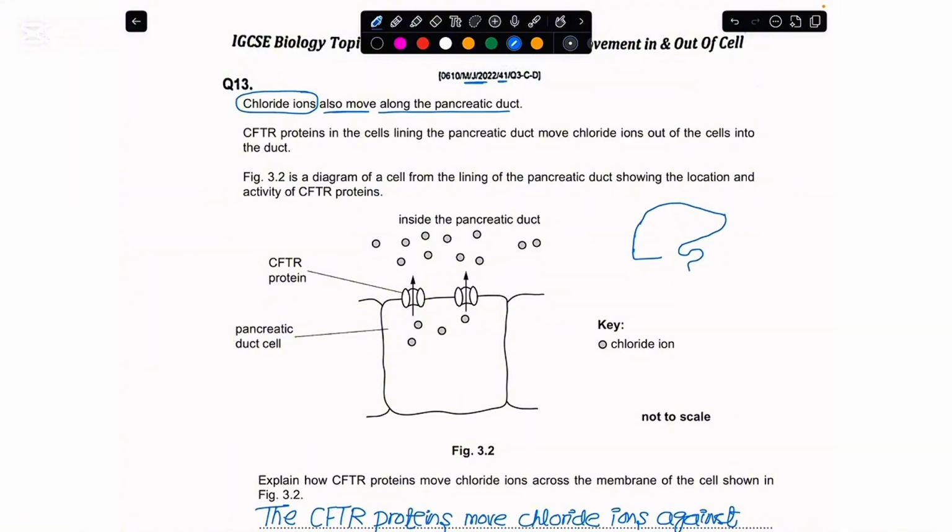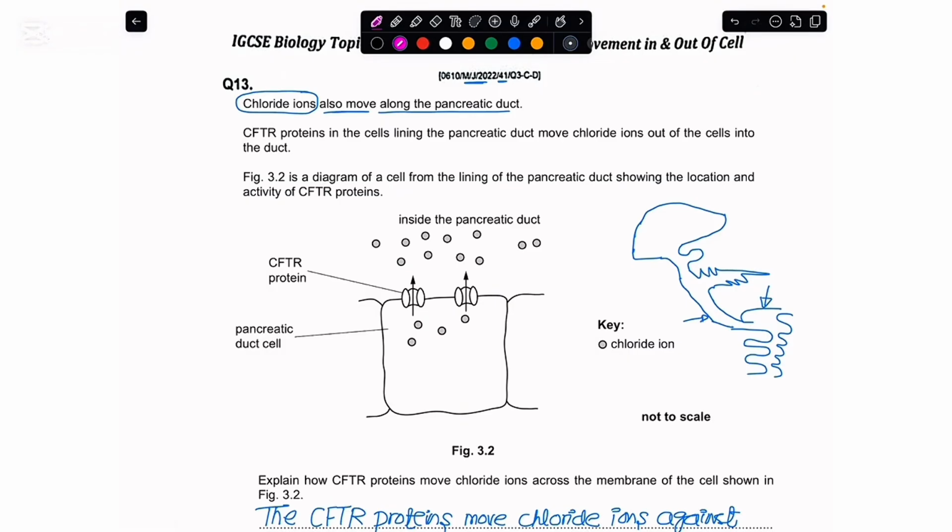Moving onward, here we have the gallbladder. If I move further, we have this pancreas, and from the pancreas there is this duct that we have here. This is the pancreatic duct, and it carries the digestive juices from the pancreas to the first part of the small intestine, which is the duodenum.